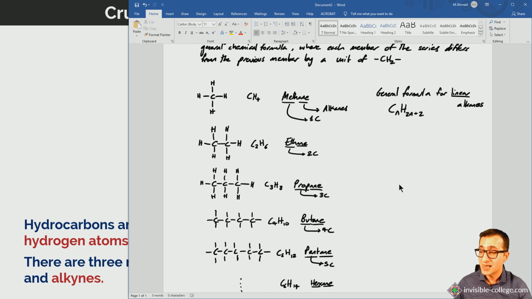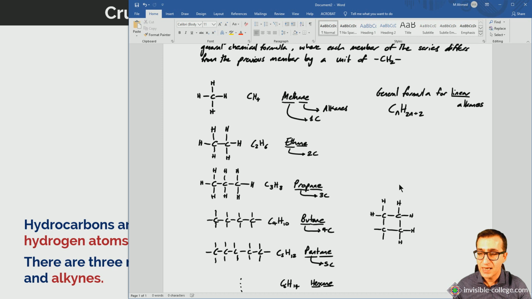So for example, this is linear butane, but we could also draw a butane molecule with 4 carbons arranged in a ring. Now, because carbon can only have 4 single bonds around it, this carbon has 2 single bonds, so the remaining 2 bonds are going to be to hydrogen atoms. Same thing for this carbon here, and the same thing for the other 2 carbons in this ring.